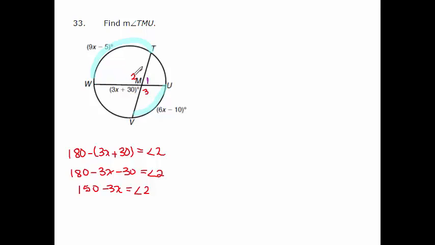So that's what I'm going to use to represent angle 2, 150 minus 3x degrees. So the formula says the measure of angle 2 is equal to 1/2 of arc WT plus arc VU.